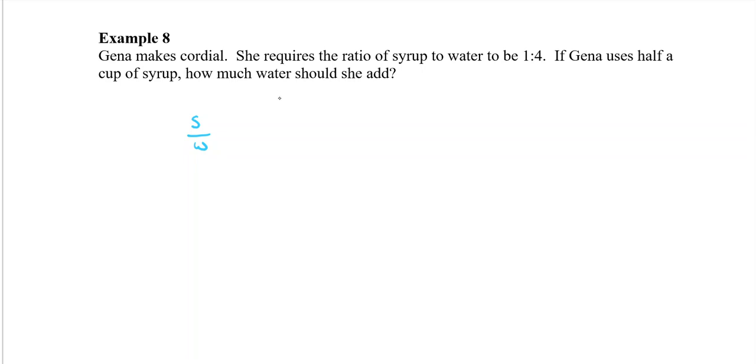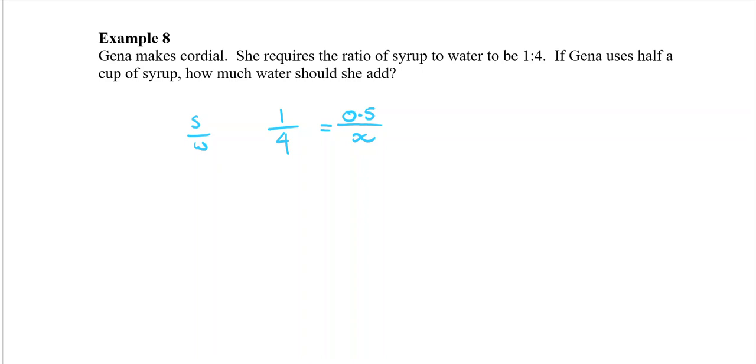So my first one was syrup over water is 1 over 4. Then if Jenna uses half of a cup of syrup, so the half of a cup is on the syrup on the top, and how much water means I'm trying to find the number on the bottom of that fraction this time.